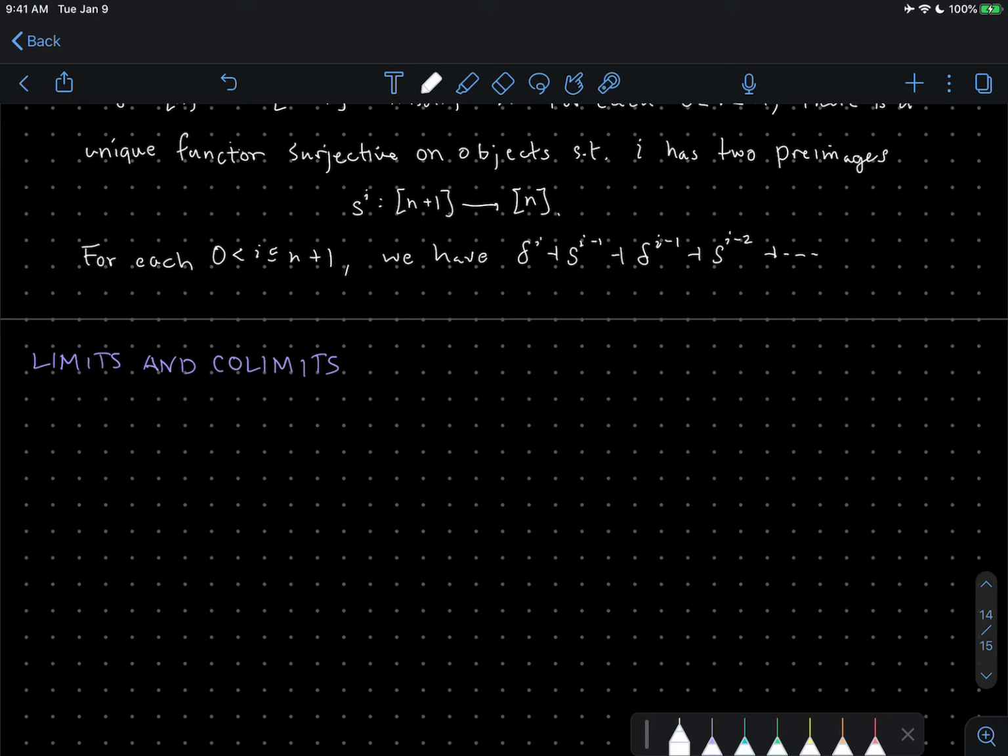So limits and colimits are essentially ways to talk about properties that characterize objects almost uniquely. And what do I mean by almost uniquely? I mean uniquely up to unique isomorphism.